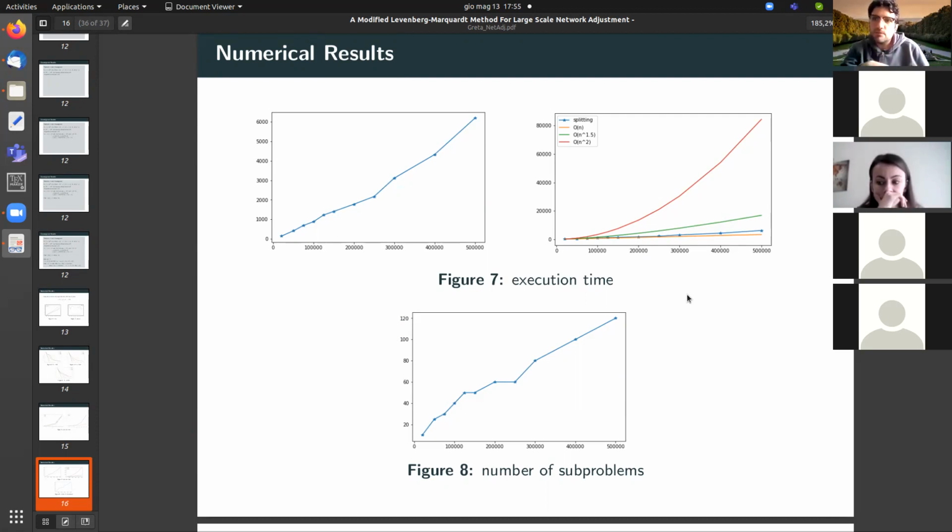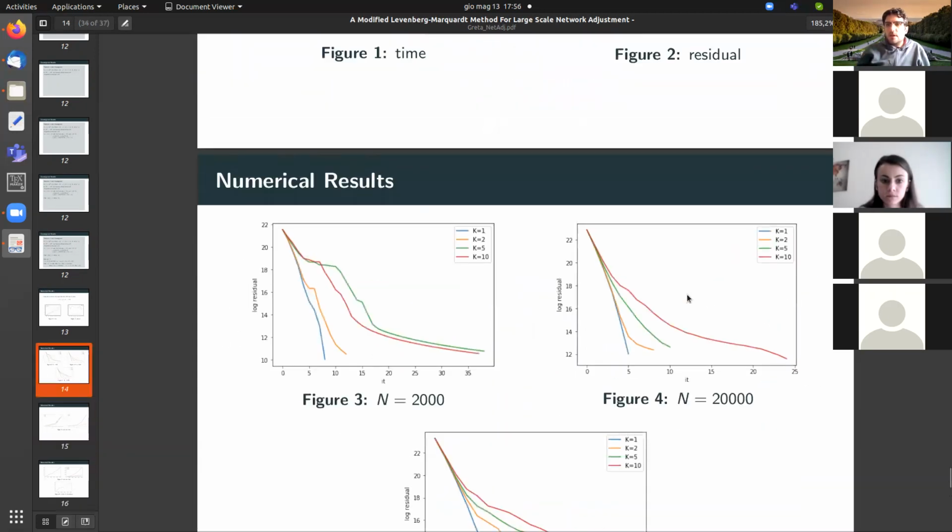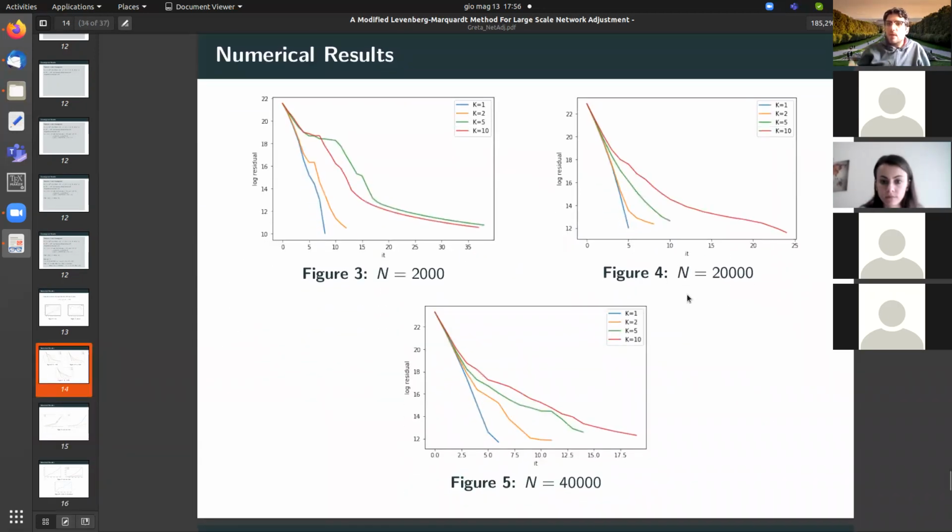But could it be possible, for example, to start with some small number of splittings in order to move to a better region and then increase the number of splittings in order to reach the solution, or in general to find an adaptive strategy so that by looking at the residual of the system, you decide whether or not to change the number of splits? Would it be too expensive?